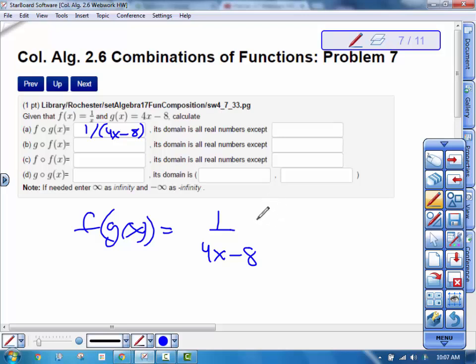But there's no restrictions on the original, so we can look at the composition. The only restriction for the composition would be that x cannot be equal to 2, because in the final, if you enter in 2, that's an undefined value. So we have to carry restrictions from the original function and from the composition.